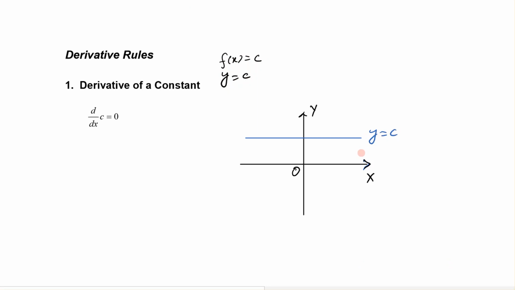The slope of a horizontal line is 0, because we know that slope is rise over run. In this case there is no rise between any two points, so the slope of this line is 0. So graphically we can see that the slope is 0, which means the derivative of a constant function is 0.